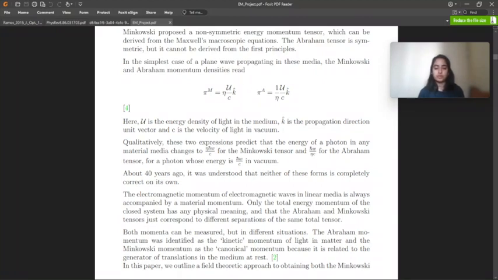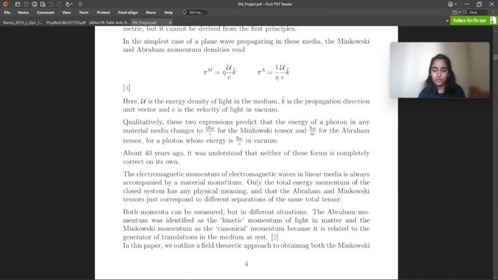And it was concluded that your Abraham and Minkowski tensors just correspond to different separations of the same total energy tensor. In our paper, we see how this formulation can be done using classical field theory, and we try and derive both the Abraham and Minkowski tensors and show which form of the tensor is best used in which conditions and cases.